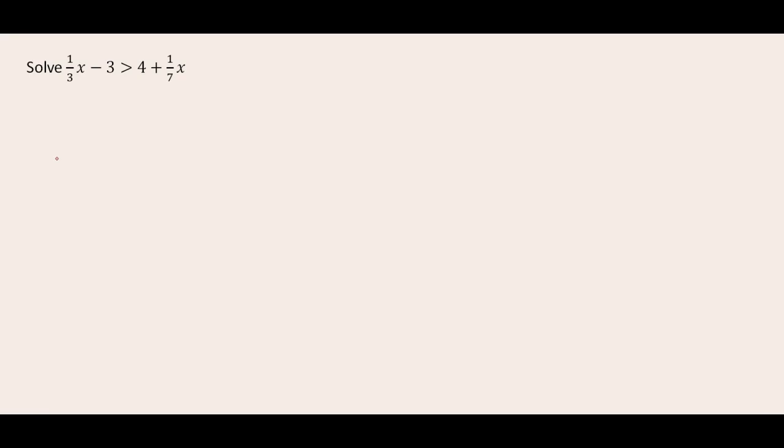1 over 3x minus 3 is greater than 4 plus 1 over 7x. The first thing we're going to do is subtract 1 over 7x from both sides. So 1 over 3 minus 1 over 7. The least common denominator here is 21.